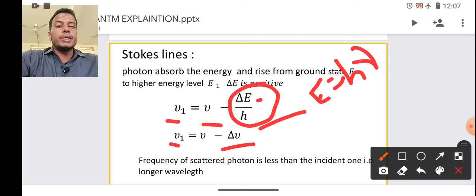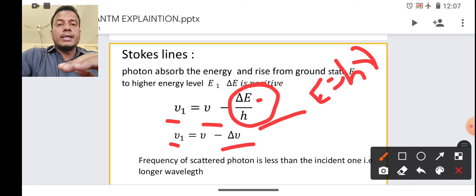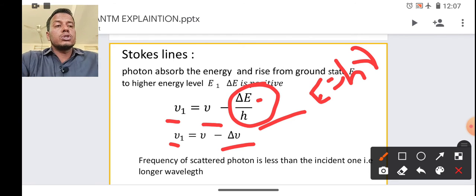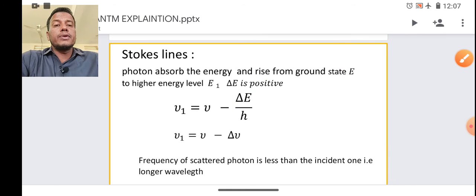So the frequency of the scattered line decreases. If the frequency is less than the incident one, that is called the Stokes line. Hence, the Stokes line has a low frequency or higher wavelength.